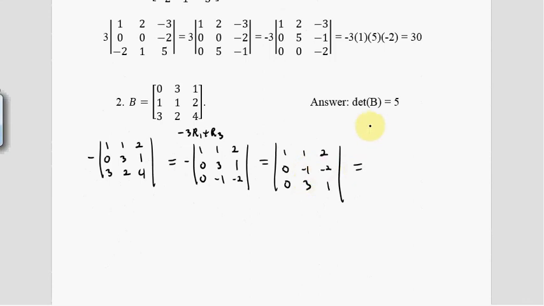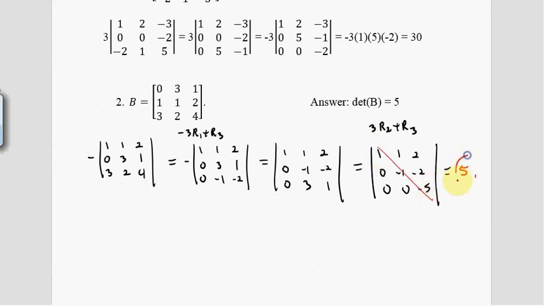So here we'll say 3 times row 2 plus row 3. Zero, 0 there. We get negative 6 plus 1 is negative 5. So we multiply, this is an upper triangular matrix, multiply the entries along the main diagonal. We get 5. Okay.